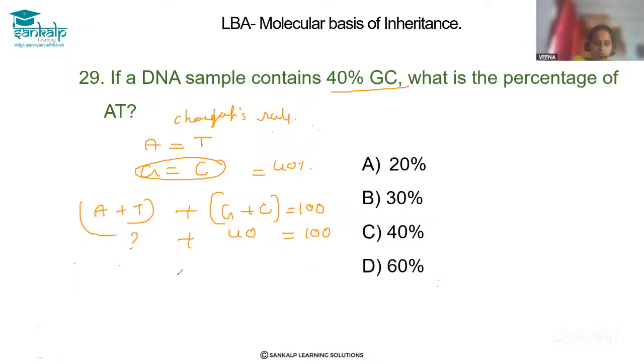So for AT we will subtract 40 from 100, so we'll get 60 percent. So AT is equal to 60%. So the correct answer is option D, that is 60%.